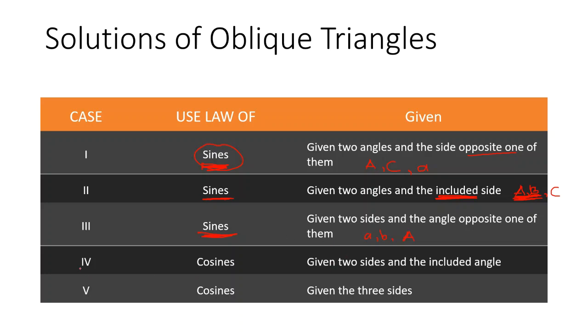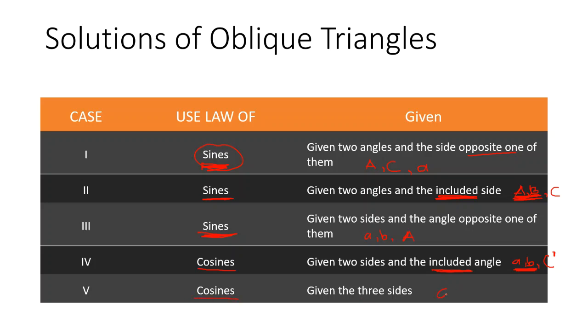We also have case 4 that uses the cosine law. In case 4, we are given two sides and the included angle. When we say included angle, if our two sides given are A and B, the included angle is angle C. Whichever sides are given, the included angle is the one that is different from A and B, so that is C. Case 5: given the three sides, that uses the cosine law.